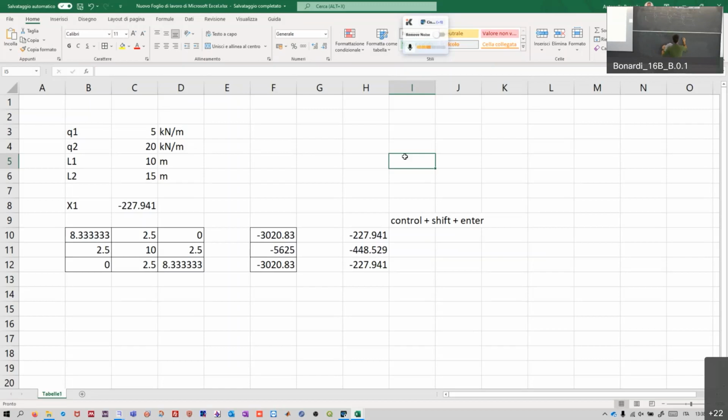So VA is equal to, we bring this stuff on the other side, Q1 times L1 to the power of 2 over 2 plus X2, everything over L1.